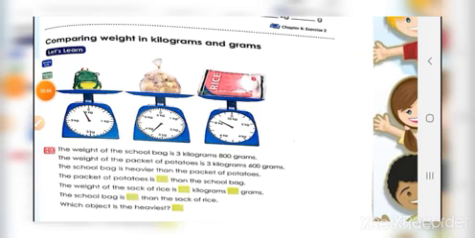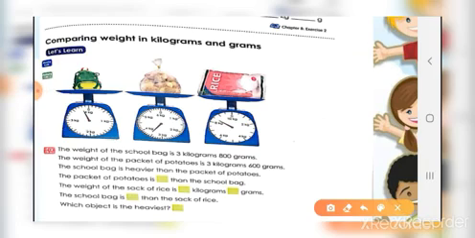Now on the same page, look at this picture comparing weight in kilograms and grams. What are the 3 objects that are being weighed in the picture? These are a school bag, a packet of potatoes, and a sack of rice.